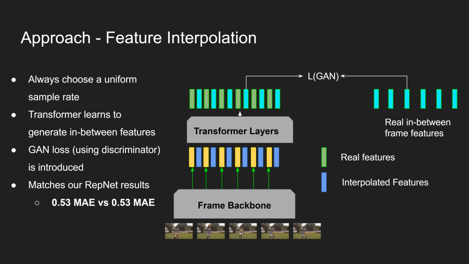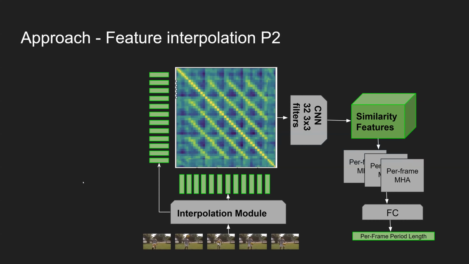And we actually were able to match those RepNet results from before, which may not seem good, but keep in mind, we're using a single video pass where they're using essentially 64 times 4 times 5 frames. We're just using a single uniform sampling.